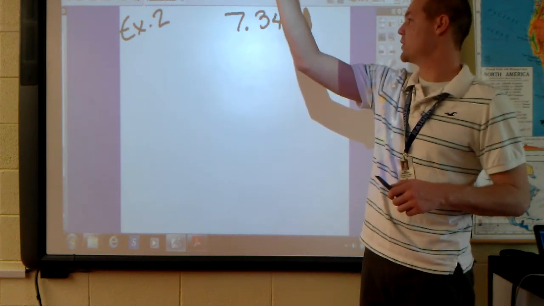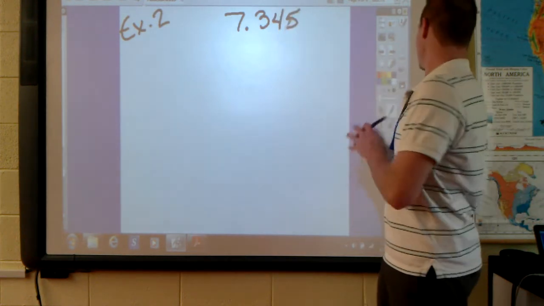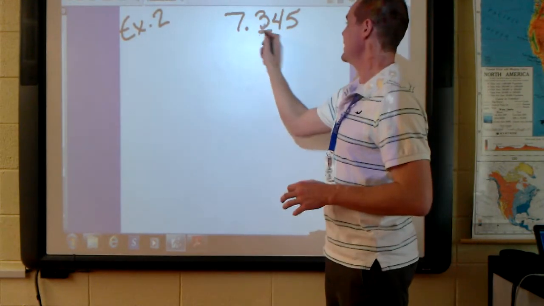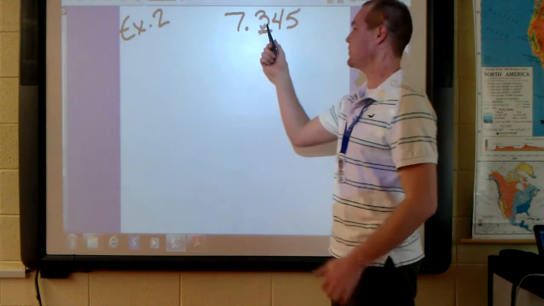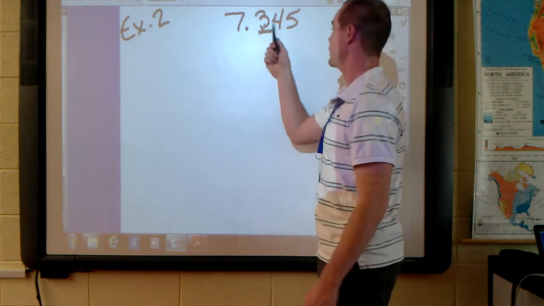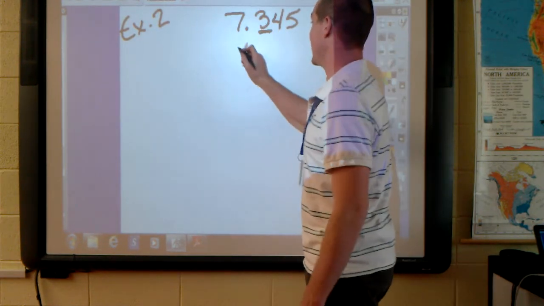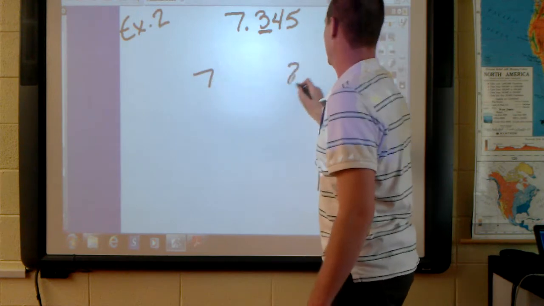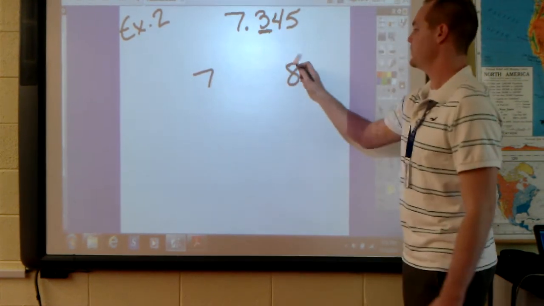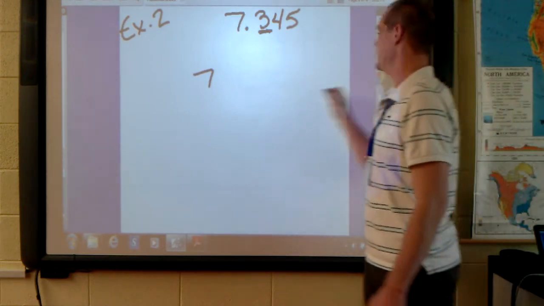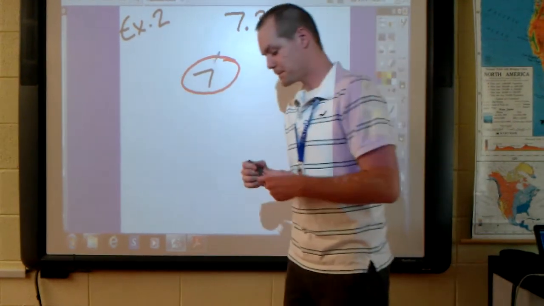Maybe they've been to the hundredths, maybe just the tenths. But again, like I've said before, the tenth place is the one that rounds to the nearest whole number anyway. If it's 5 or higher, we round up. If it's 4 or lower, we round down. Okay, so do I round down to 7 or up to 8? Well, 3 is, of course, less than 5. So your answer for example 2 is 7.